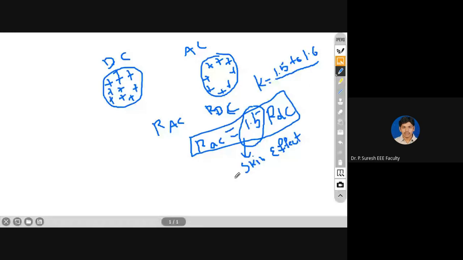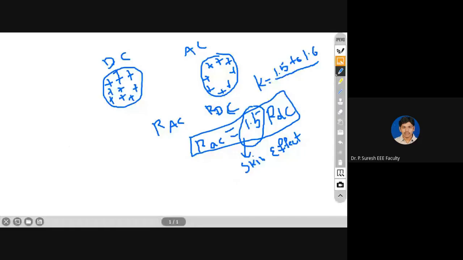What is called proximity effect? Anyone? What is proximity effect? One more thing, how to reduce skin effect in AC? How to reduce the skin effect in an AC transmission line?